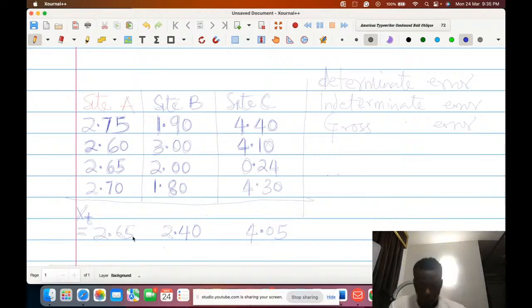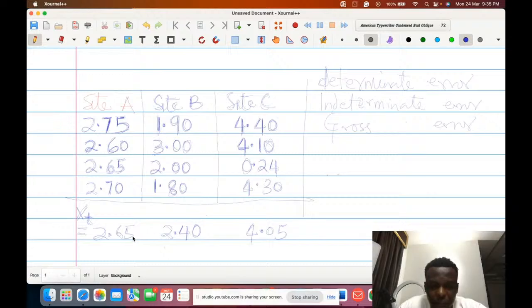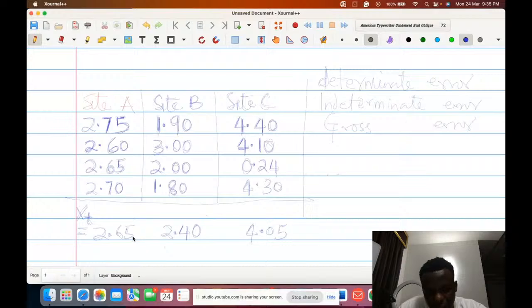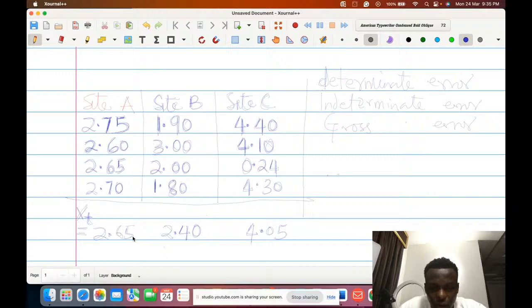Now, what is my point? My point is they give us this, and perhaps you're asked to comment on the type of errors that is possible in each site. Class, determinate error is characterized, all of them have characteristics. A characteristic is something you look out for. The moment you cite it, you say, okay, this one is this and that one is that.